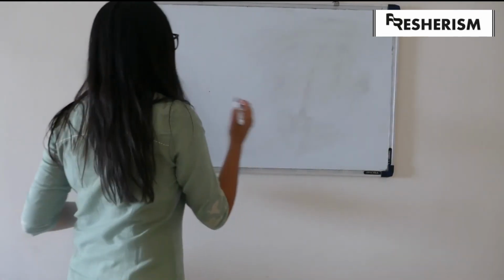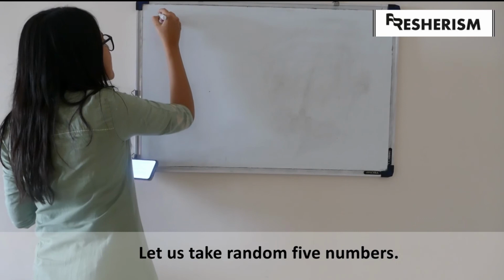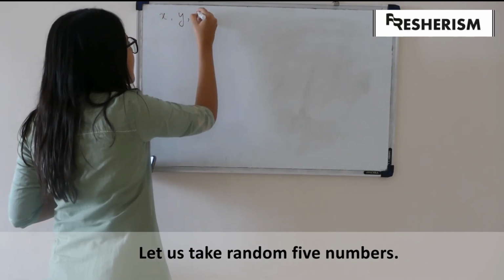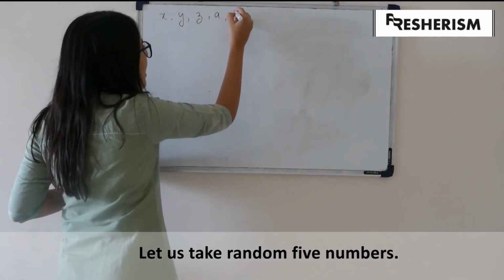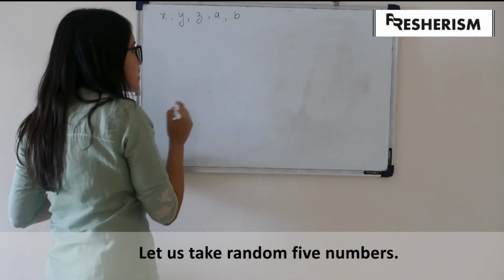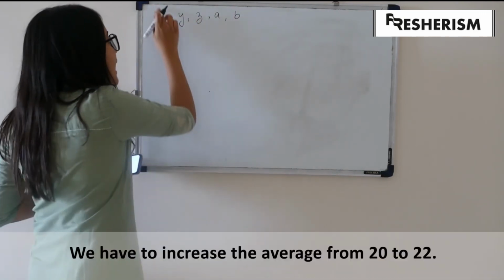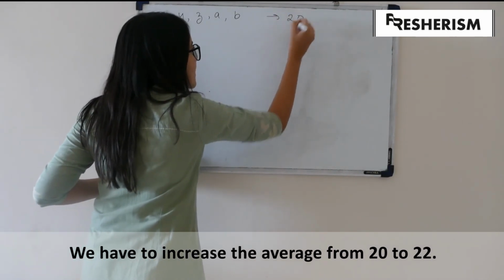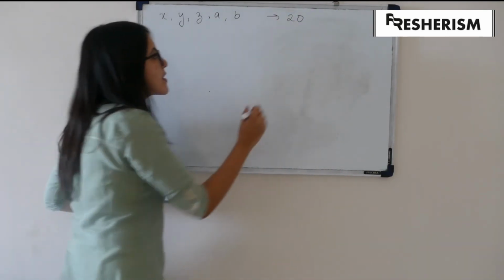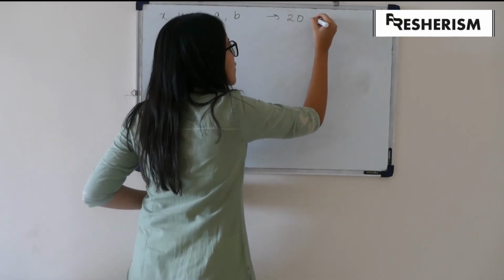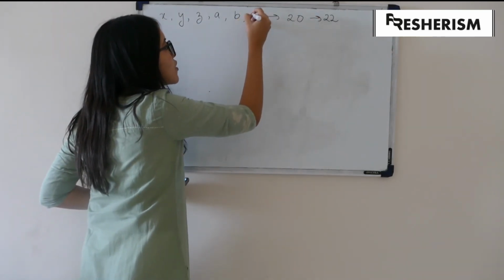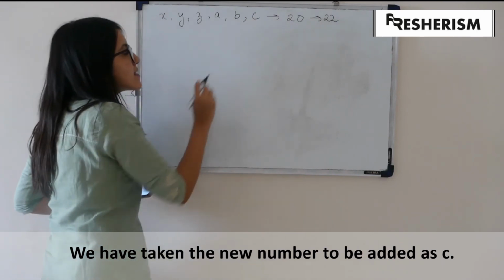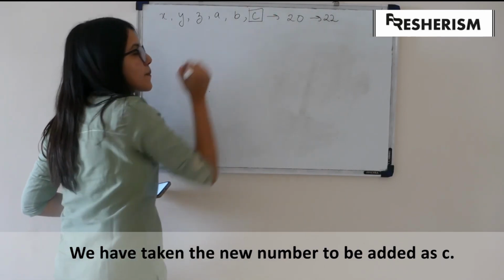If we consider any 5 numbers, let them be x, y, z, a and b. Now the question tells us the average of these 5 numbers is 20. We have to bring the average to 22, and we can add one more number over here, which let us take as c.